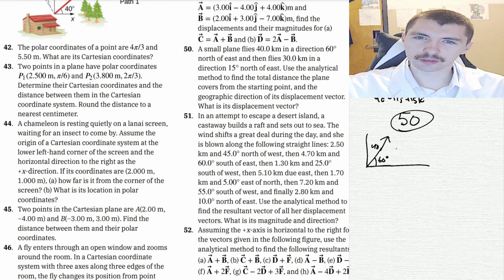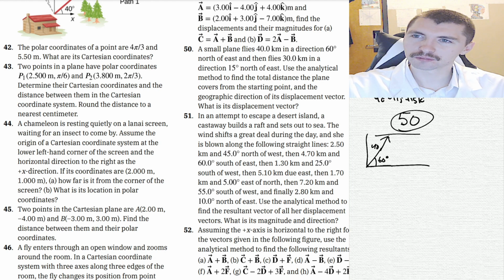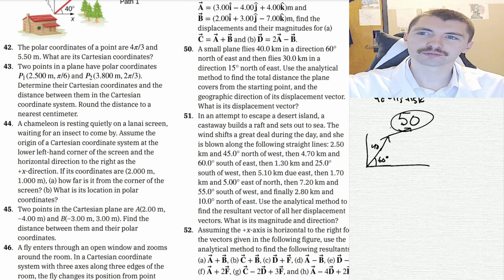Then flies 30 kilometers in a direction 15 degrees north of east. So I'm trying to figure out how to connect these. 15 degrees might be something like this. Okay, so it's like making a new XY plane here. So 15 degrees would be something like this. Does that make sense?